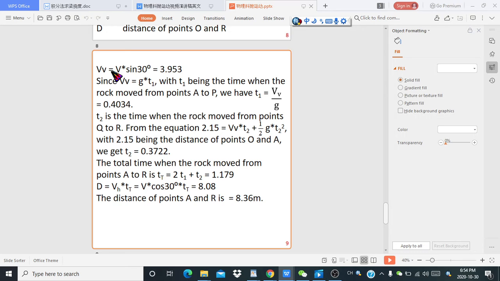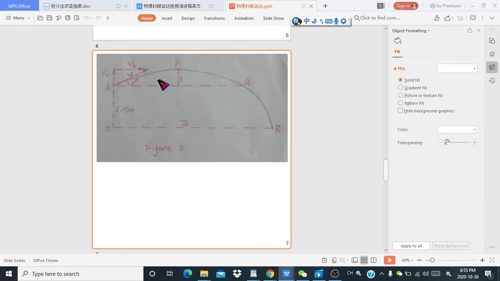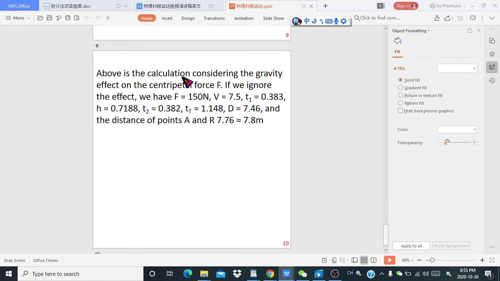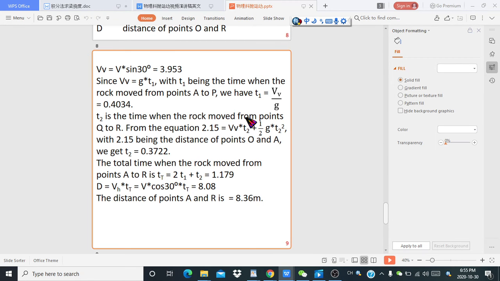Considering the vertical component of the projectile motion from the start point A to vertex P, we have this expression, and we can get T1.